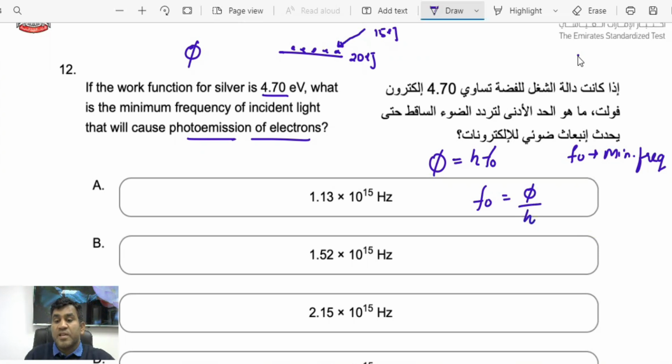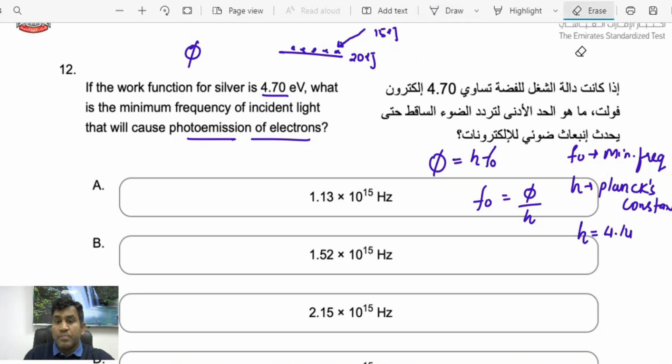Now, what is h representing here? h is called Planck's constant. It's a constant value and will be given to us. As the work function is given in electron volt, the Planck's constant value in electron volt is 4.14 into 10 to the power minus 15 electron volt second.